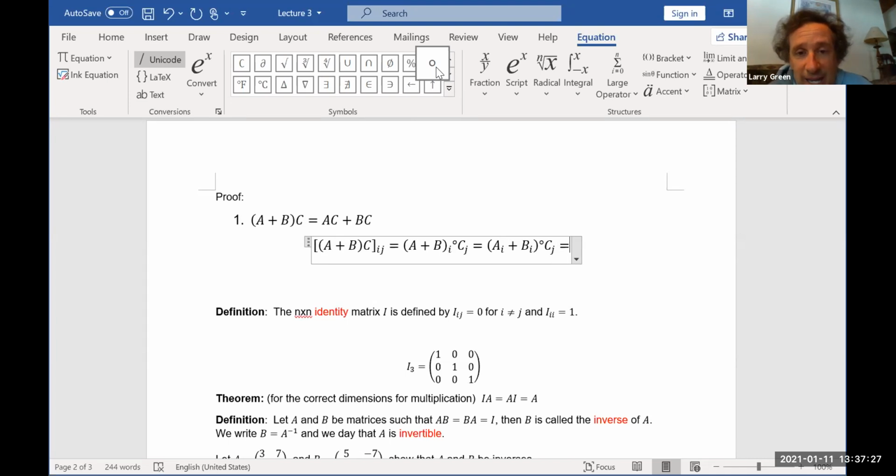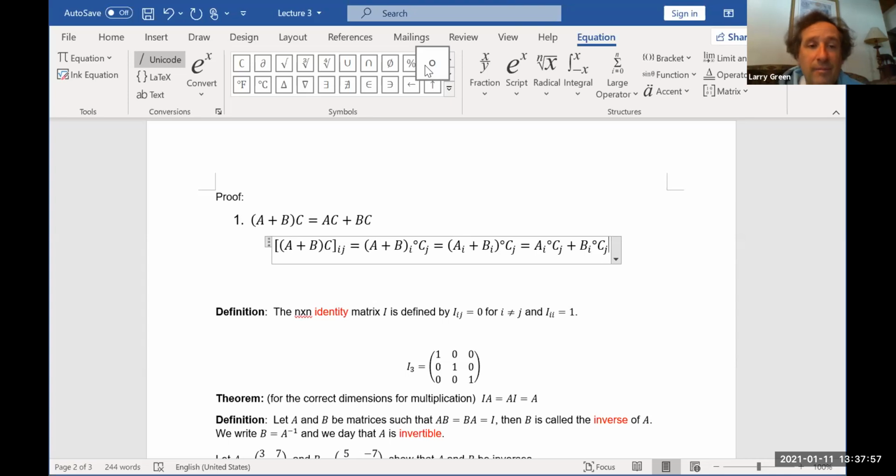So that's going to be Ai dotted with Cj, and then plus Bi dotted with Cj. That's the distributive property for dot products.